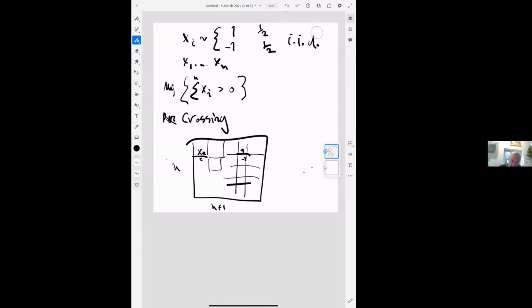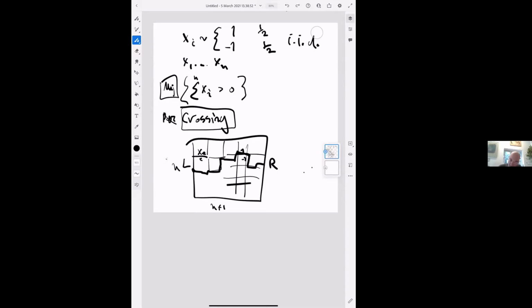The event crossing is the event that there is a path of edges, all of them labeled 1, that connects left to right.